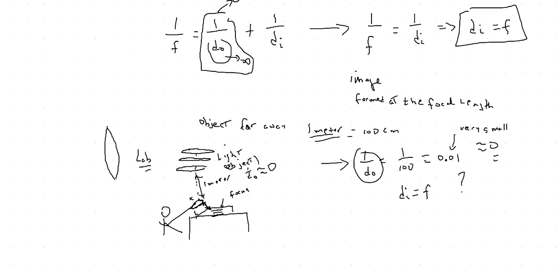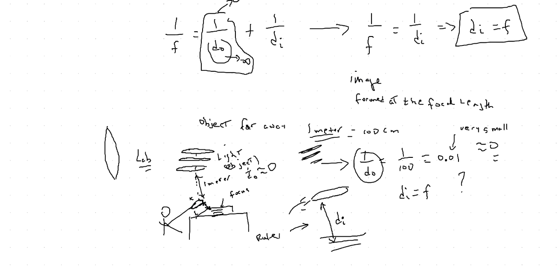So if the lines are on a piece of paper here, and you're holding this lens, and the light is somewhere up here, then the distance from your lens to those clear lines on the piece of paper on the desk would be d sub I.